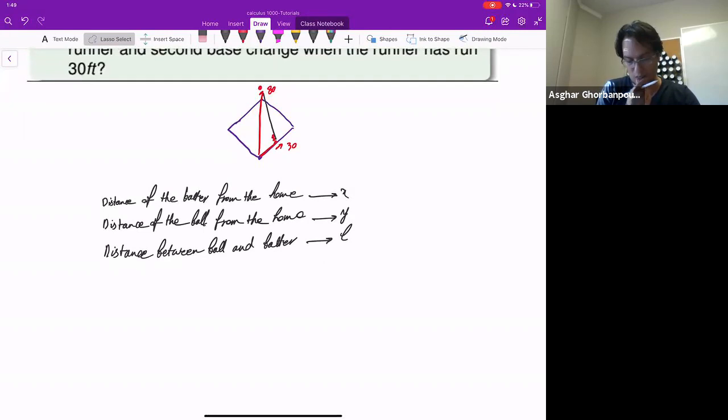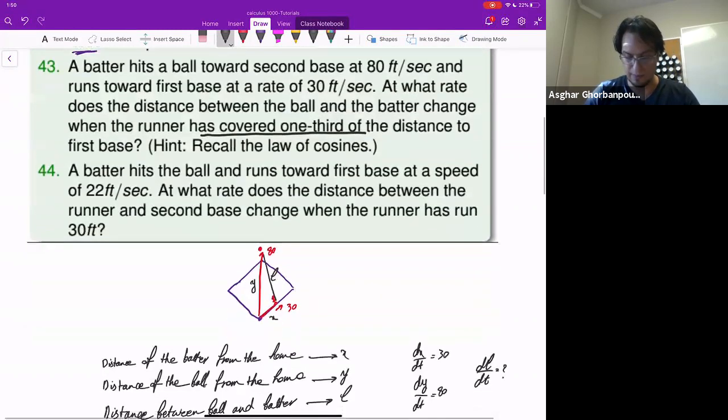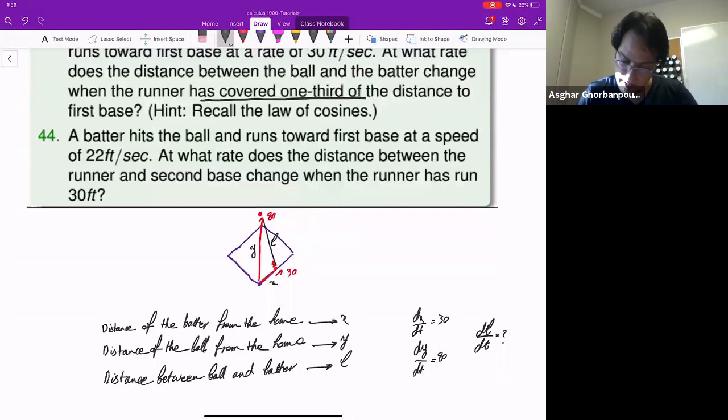Okay, so that's it. And again, we know that dx/dt is 30. This is x, this is y, this is l. dy/dt is 80 feet per second, and we are looking for dl/dt when the runner has covered 1/3 of the distance between the home and the first base.